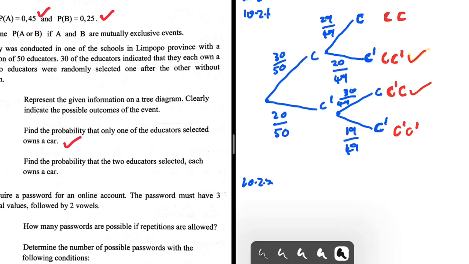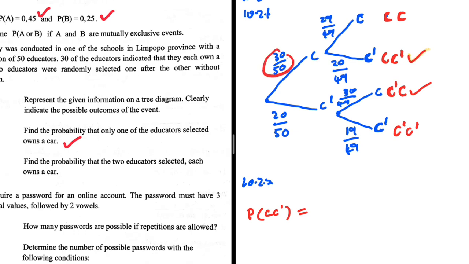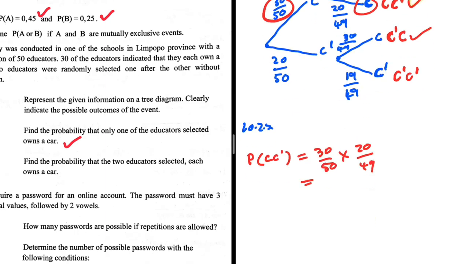So the probability of C and not C, the first teacher owning a car and the second not having one, will be the probability of the first teacher owning a car, which is 30 over 50, multiplied by the probability of the second teacher not having a car after the first has, which is 20 over 49. And this is equal to, so let me just put it in my calculator.